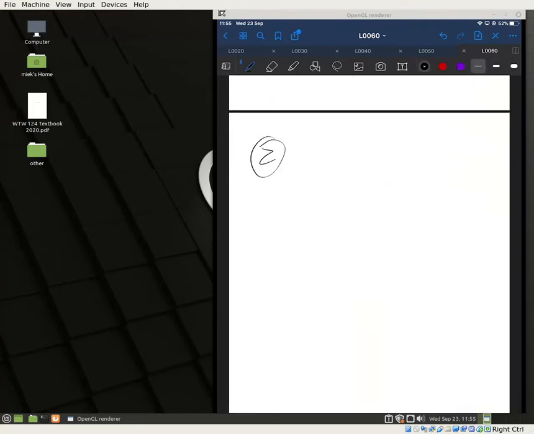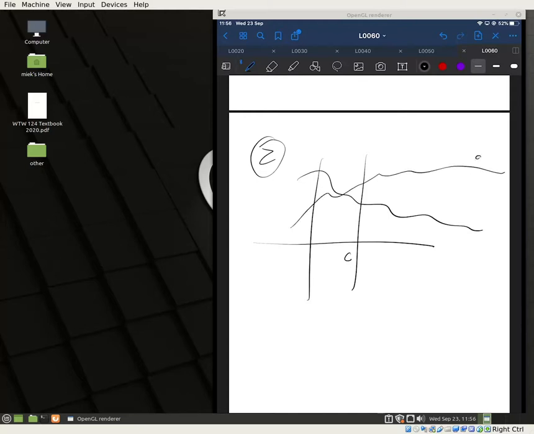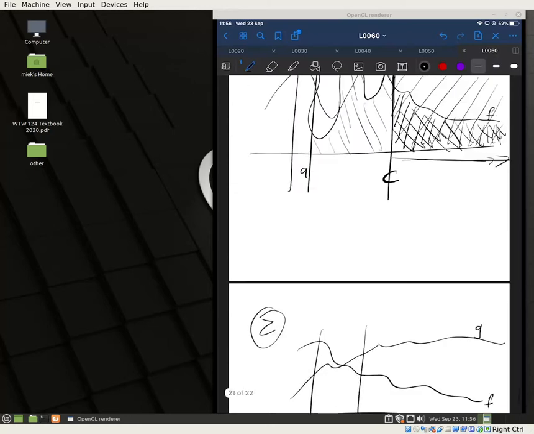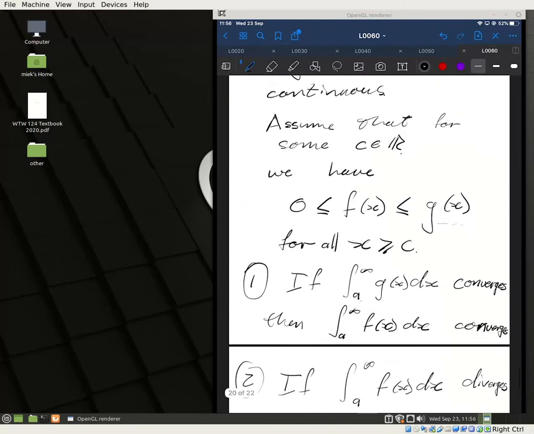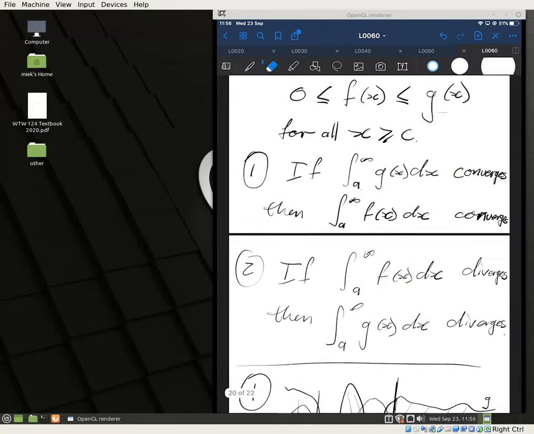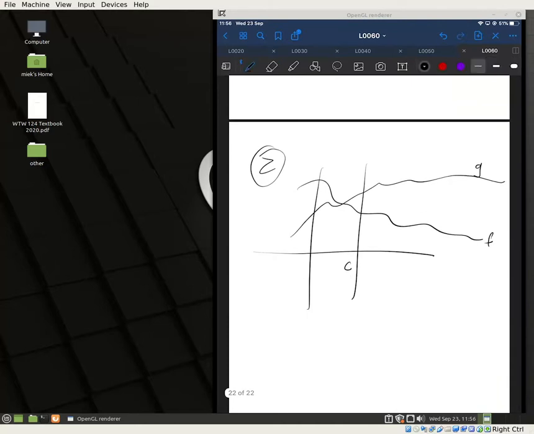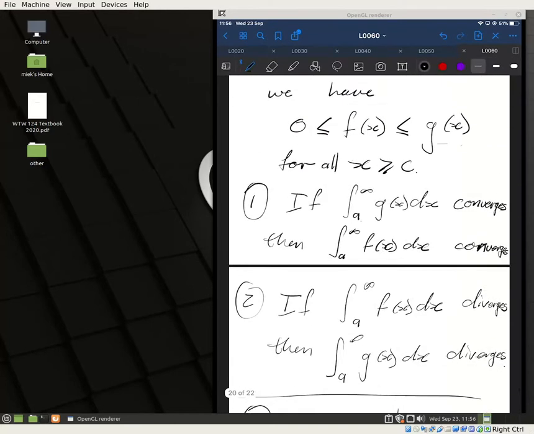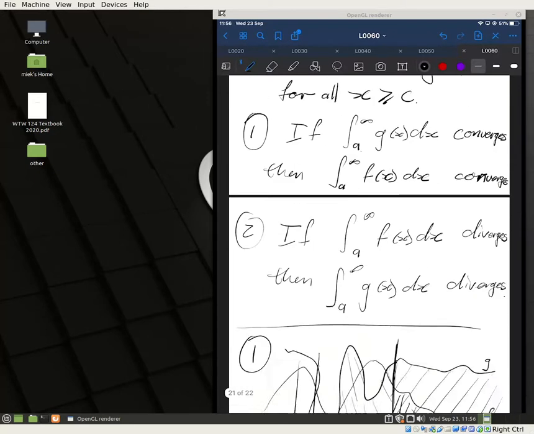Let's talk about situation 2. We have some point c, so that after c, again g takes on values bigger or equal to the values of f, and everything is greater or equal to 0. Now, if we look at statement 2, if the integral of f diverges, then the integral of g diverges.